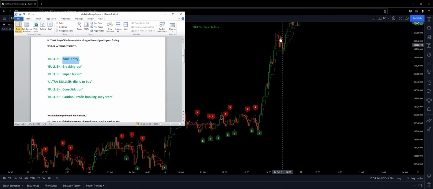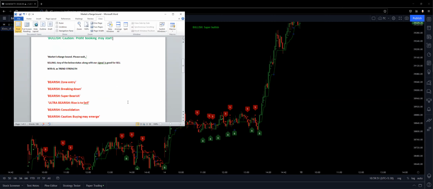So on this kind of thing, if price starts closing below our trend strength, it's a caution for us to exit our positions, or to be cautious, right? So basically profit booking might start happening if you see this. So these are the different market commentary statuses you will get on the bullish side, right?